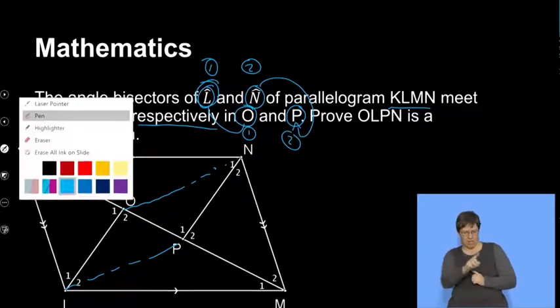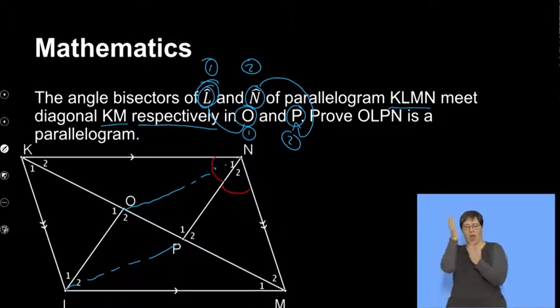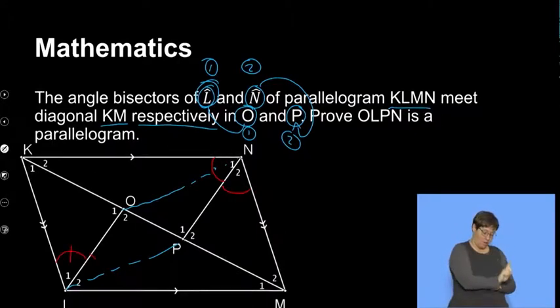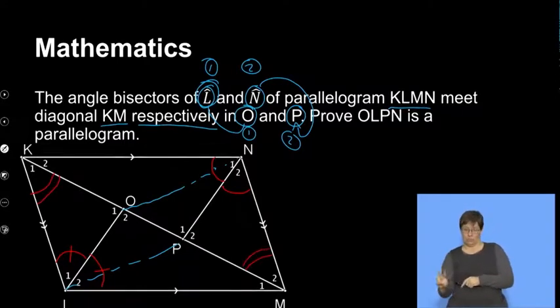I know, number one, that I have an angle bisector making N1 equal to N2, right? And also L1 equal to L2. I also know that K1 is equal to M2, and that's because of alternate angles that we have.